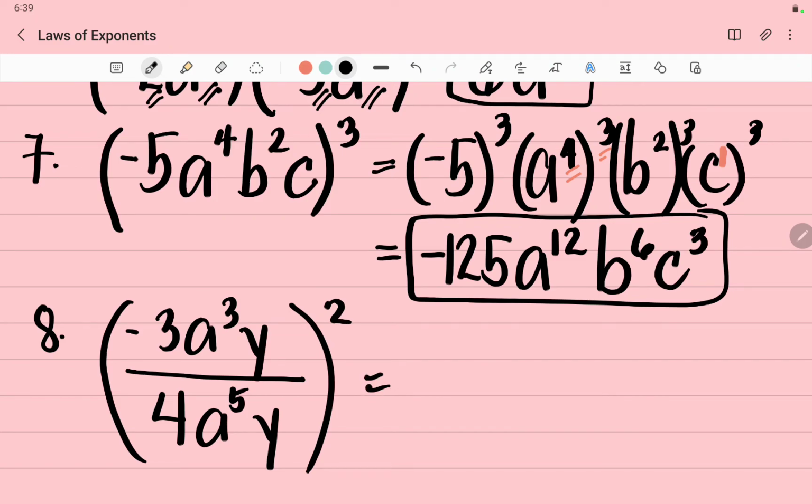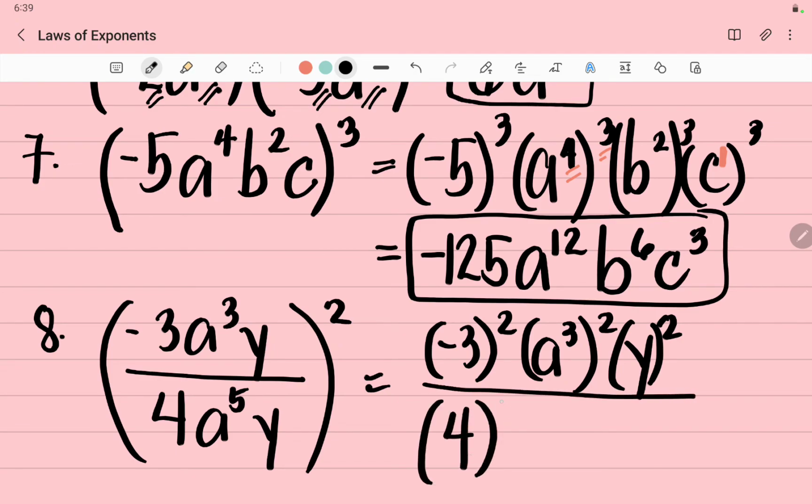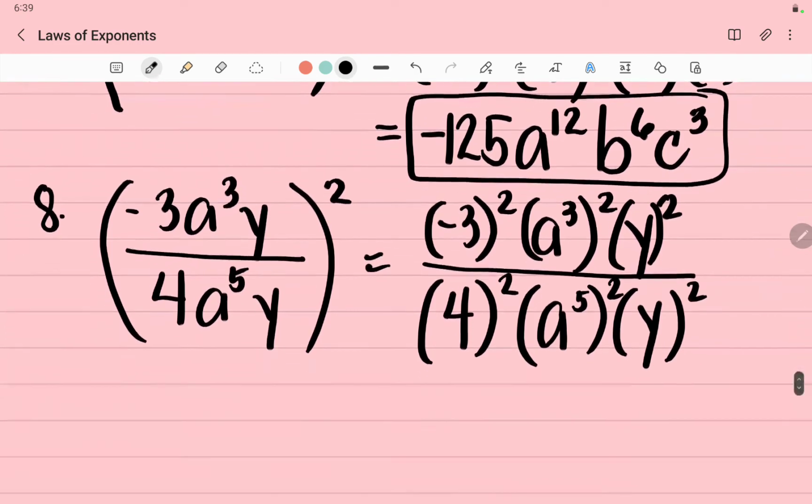That will be negative 3 squared, a cubed squared, y squared, over 4 squared, a raised to 5 squared, y squared.